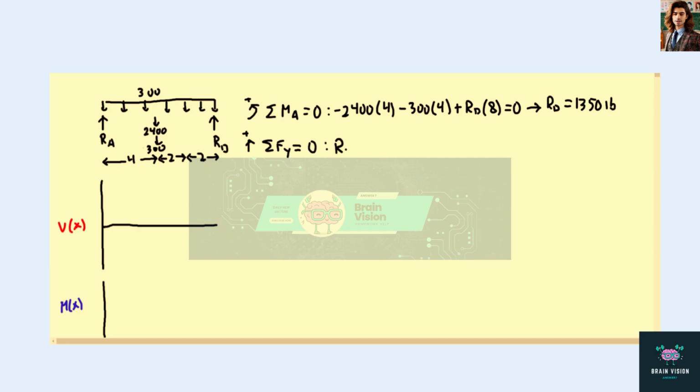Now we will sum our forces in the vertical direction and set them to 0. We've got RA minus 2,400 minus 300 plus 1350, and we get for our reaction at A also equal to 1,350 pounds.